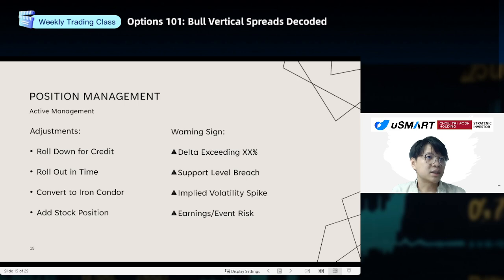And these will be the warning signs for your positions, and you need to be aware of them. The first warning sign is the delta. If the delta is accelerating, because the delta is actually measuring the sensitivity of the options to the stock price. So if it gets closer to your strike price, the delta actually increases.